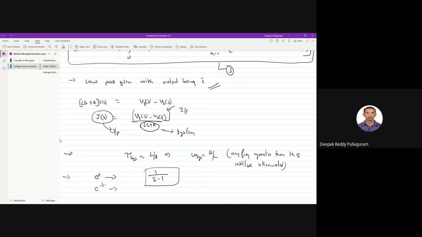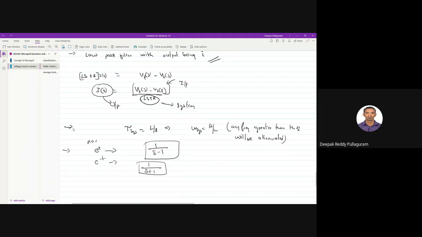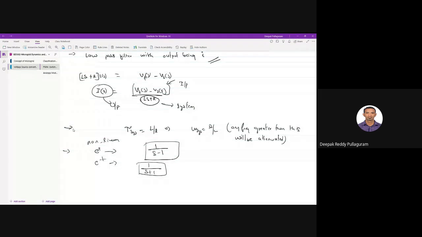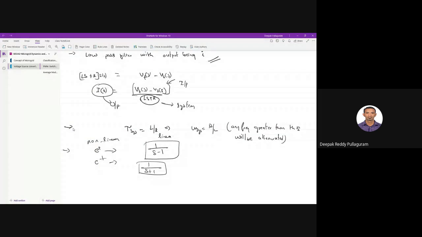Now take 1 by s plus 1. Here it is non-linear, and here it is linear. Now, how do you tell whether the system is non-linear or linear? Sir, that signal is non-linear, the system is linear only.